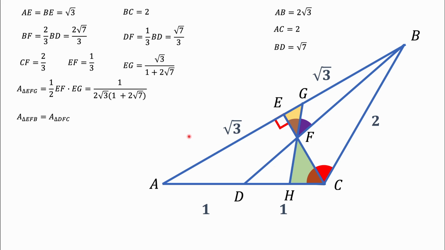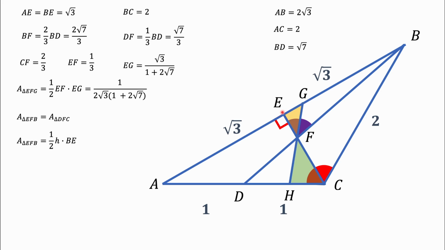And now we're going to relate the area of the triangle EFB and the area of the yellow triangle. And we're also going to relate the area of the triangle DFC and the area of the green triangle. So let's start with the yellow triangle. The area of triangle EFB is 1/2 height times the base.